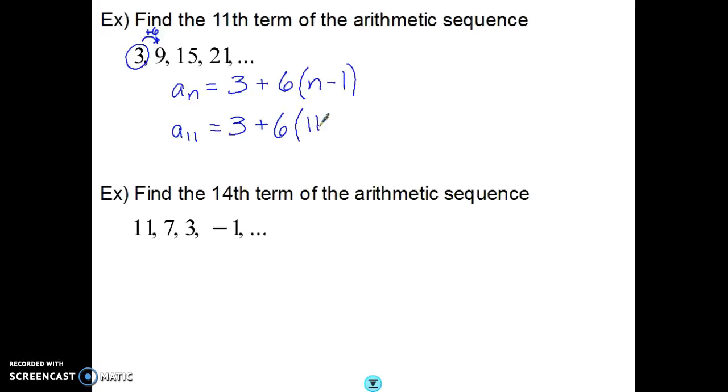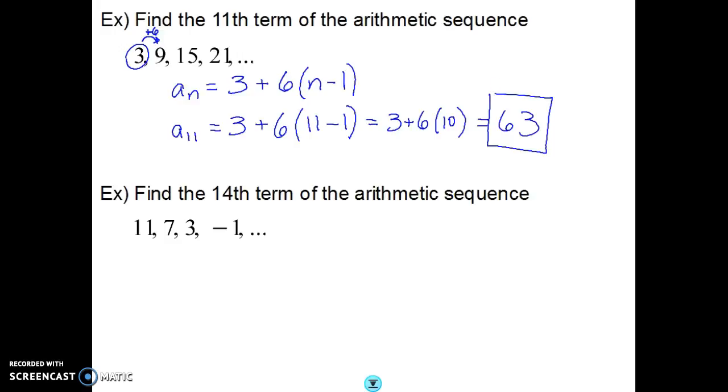So we're going to fill in 11. And then from there we do some relatively simple arithmetic. 11 minus 1 is 10. So I have 3 plus 6 times 10. And then 6 times 10 is 60, plus 3 is 63. And there's your final answer for your 11th term.